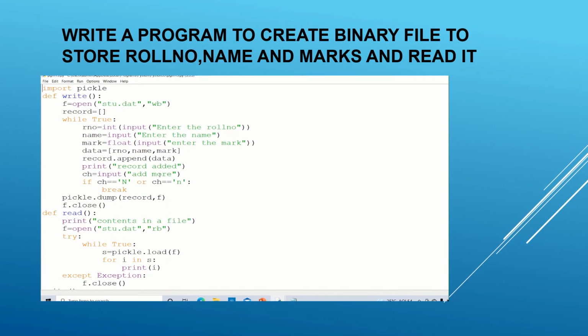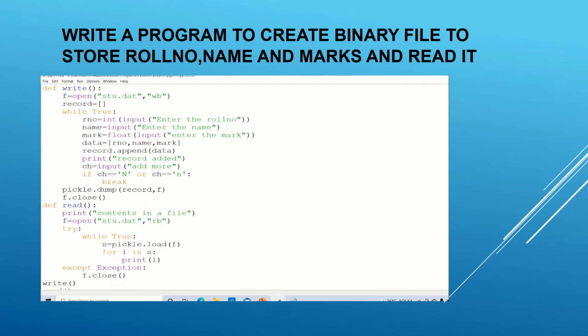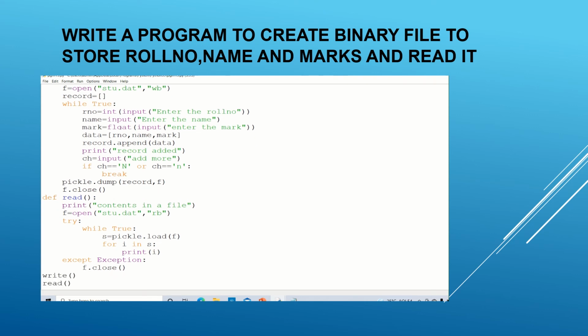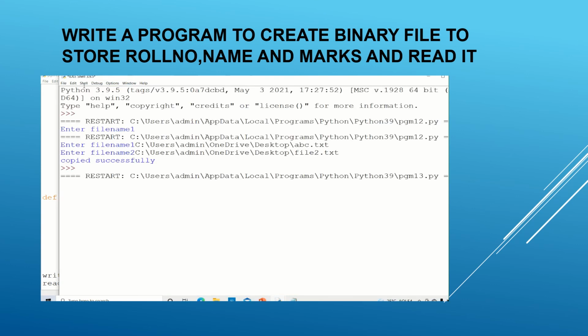So the next program is about binary files, creating the binary file and reading it. We already studied import pickle, and then we want to open it and enter all the details, roll number, name and mark, and we want to append it to the list, and then we will dump it by using the write function pickle.dump, and then we want to read the content, meaning we will use the pickle.load function.